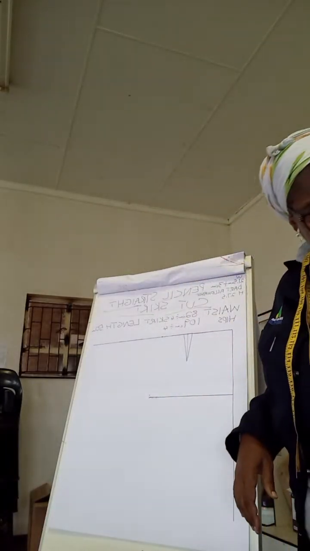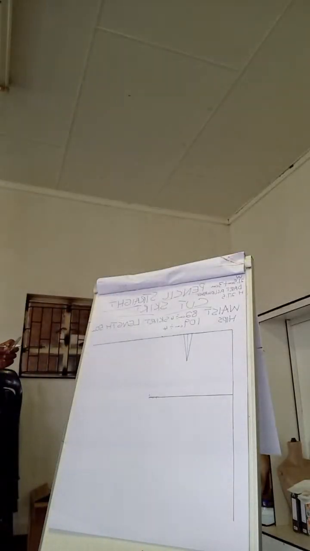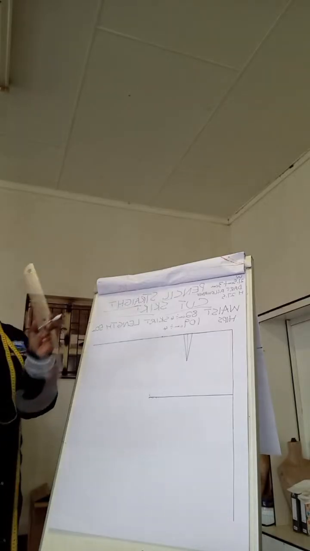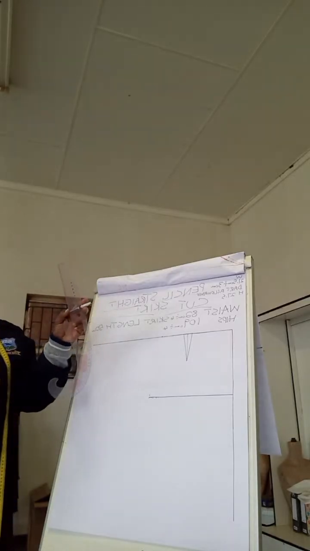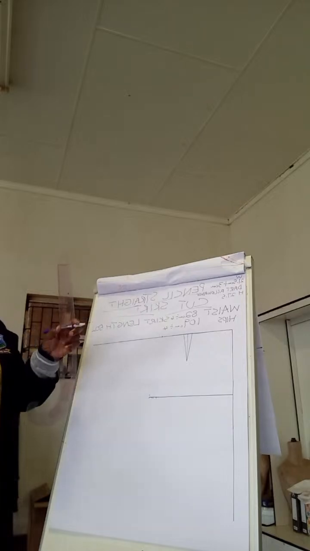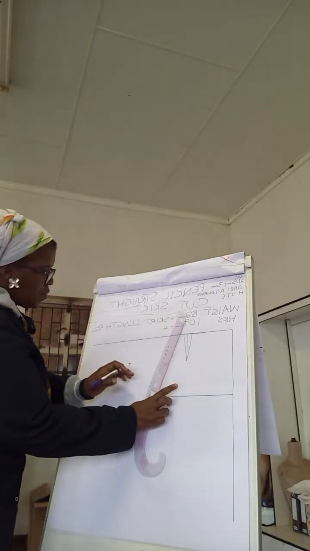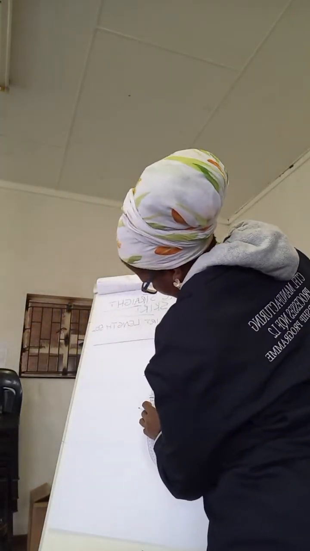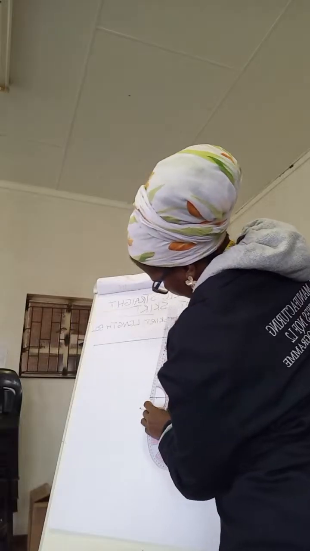Now I'm taking this thing, which you call a French curve. So I'm going to be curving. Okay, I want everybody to see when I'm curving. You see the curve.